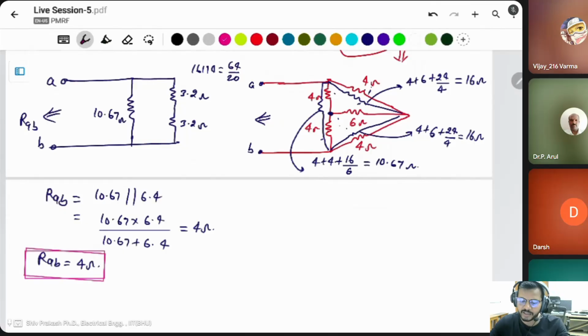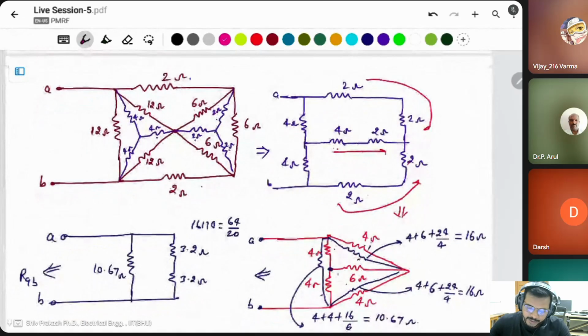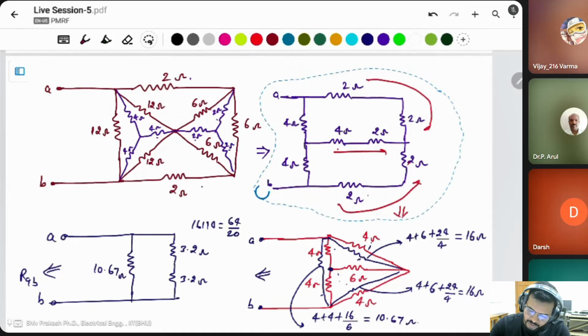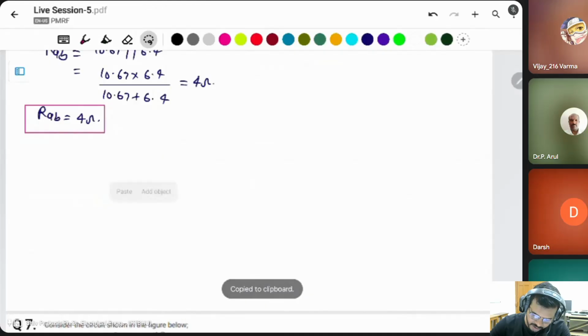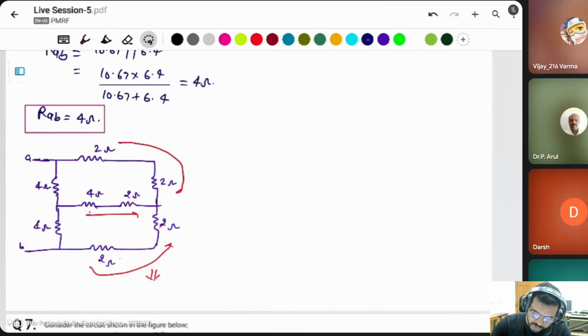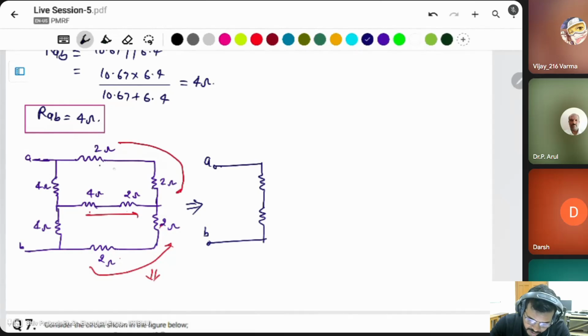Simply you can do the star delta conversion. But there is a trick. If you see this circuit after conversion of the first case, this circuit can be written as: this is 4 ohm, 4 ohm, A and B. Then these two are summed.